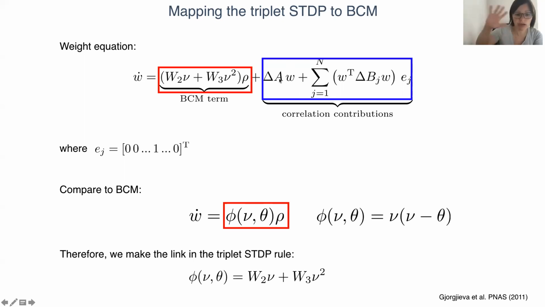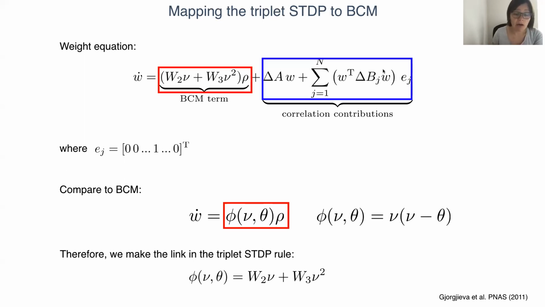I was able to eliminate the postsynaptic activity by plugging back the model for the postsynaptic activity. This delta A is the pairwise covariance matrix of the presynaptic inputs with some minor modifications, but it's exactly the same thing as the Q and the C that we saw before with the rate-based plasticity.